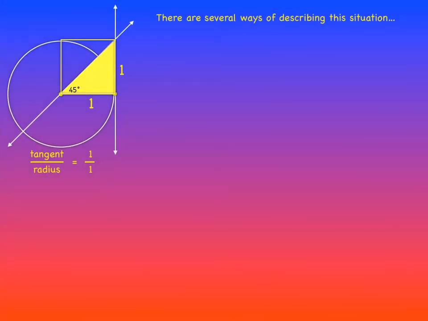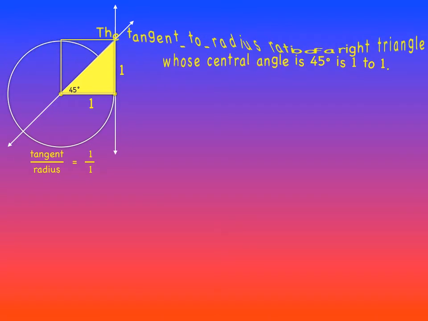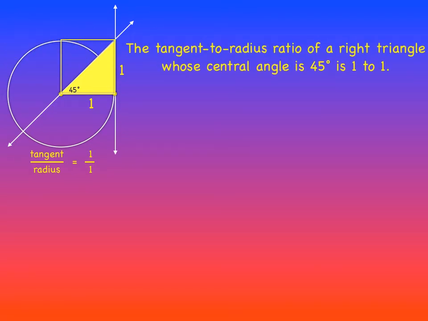There are several ways of describing this situation. Here's a rather wordy but complete description: the tangent to radius ratio of a right triangle whose central angle is 45 degrees is 1 to 1. That's true, but way too many words. So let's cross out some of these words and compress it to: tangent to radius ratio of 45 degrees is 1 to 1. But that's still too many words.